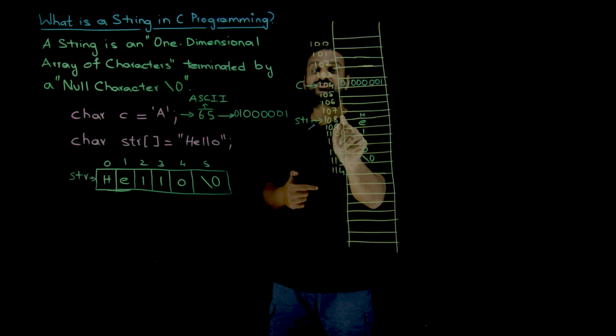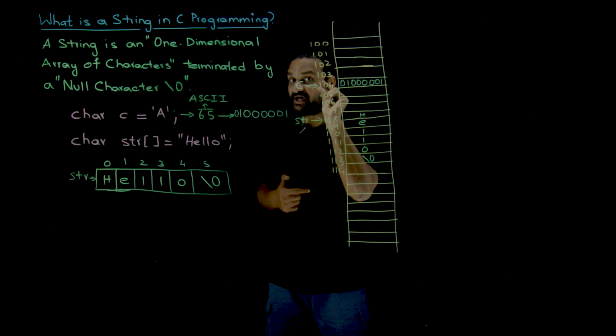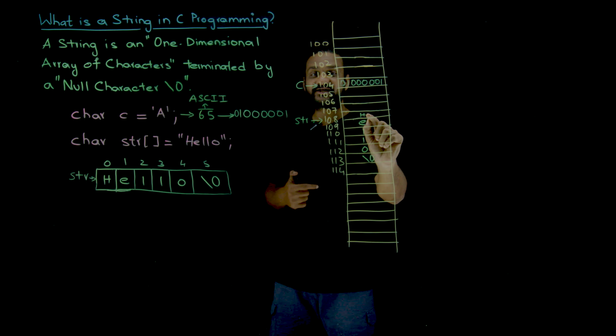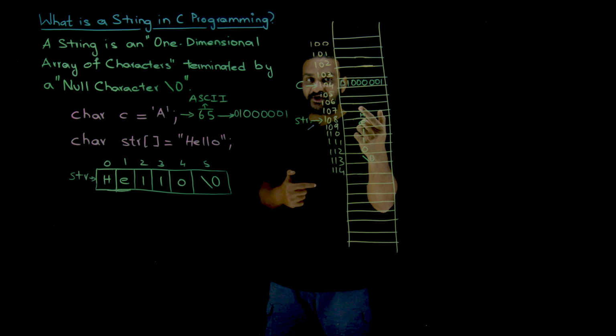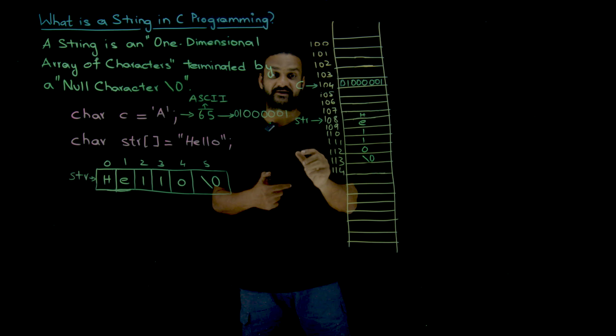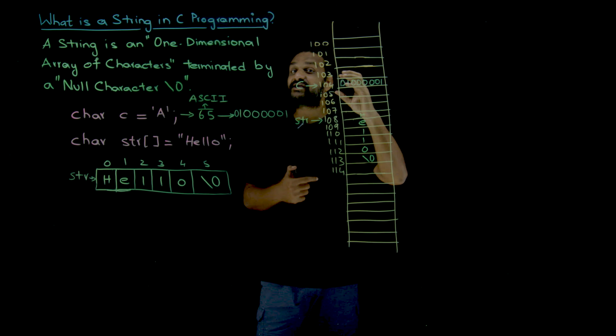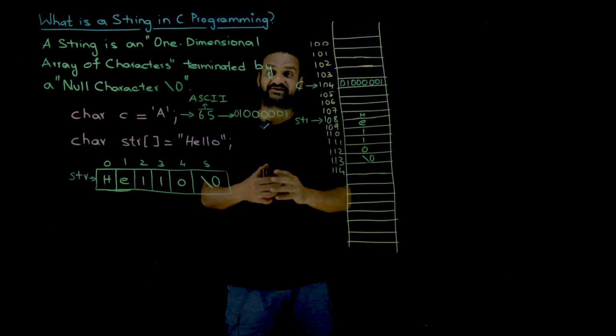Each character is stored in one block of memory, which is 1 byte of memory. So H is stored in 1 block of memory, E is stored in the second block, and so on through HELLO, and the last block of memory is stored with the null character. So this is how things get stored in memory for strings.